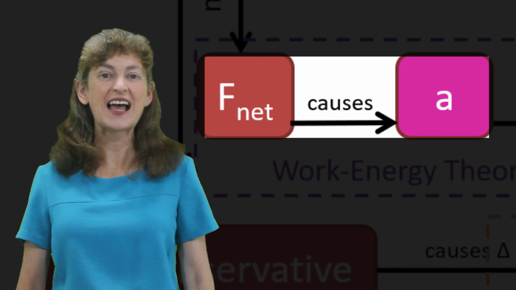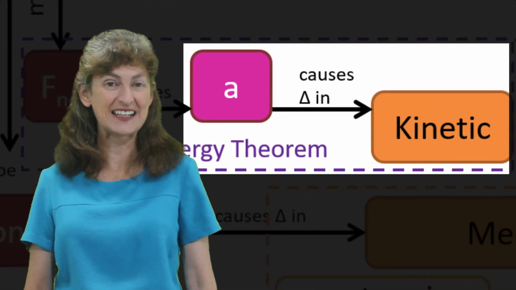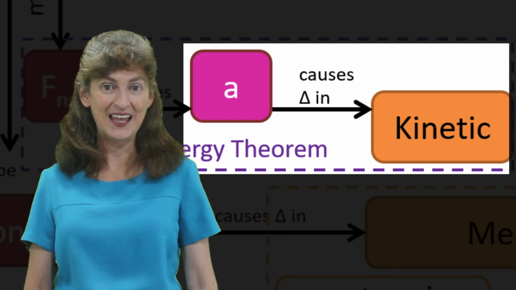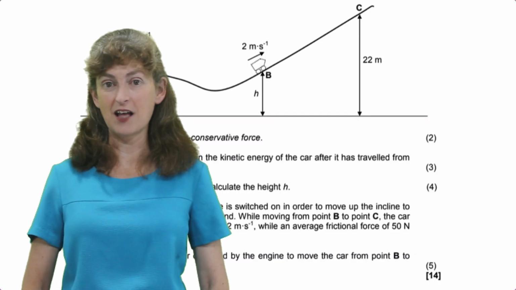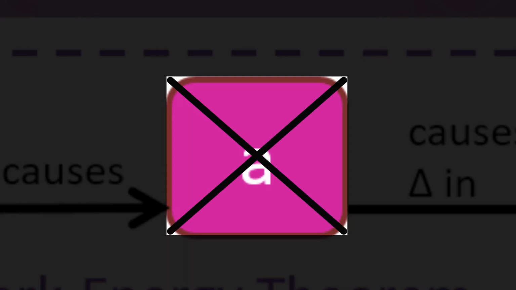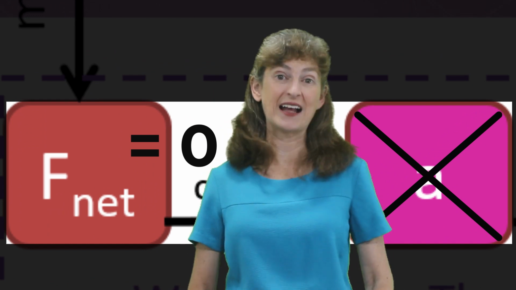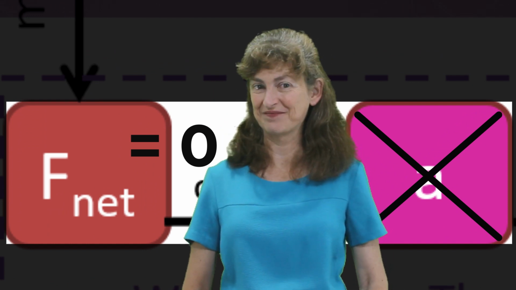In other words, a change in velocity and therefore a change in kinetic energy. In this particular example, there is no change in velocity. The car has the same velocity at B and at C. That means there's no acceleration, which means that F net equals 0. We're going to use that fact to solve this question.